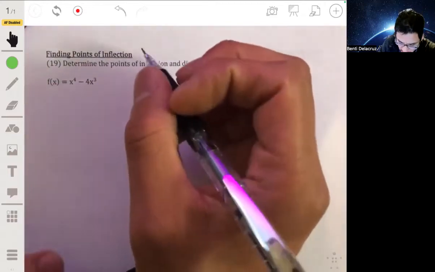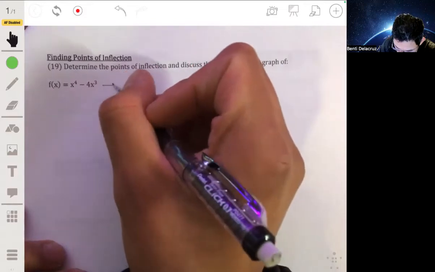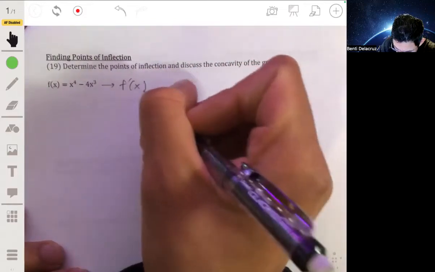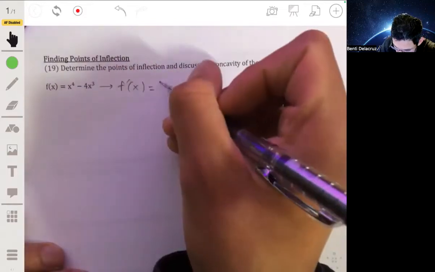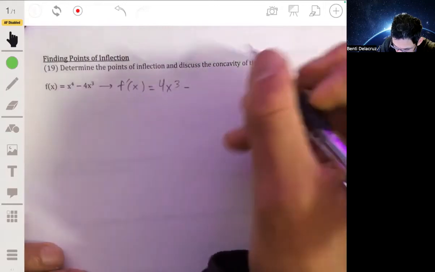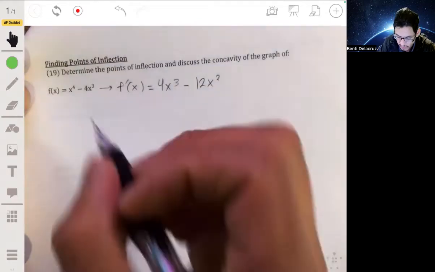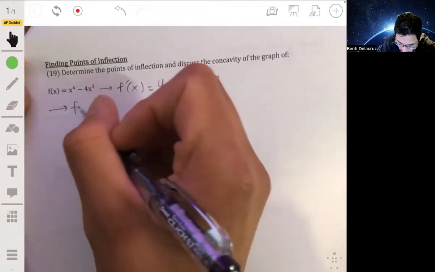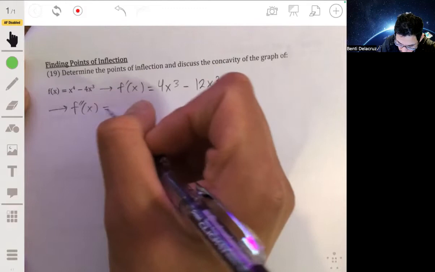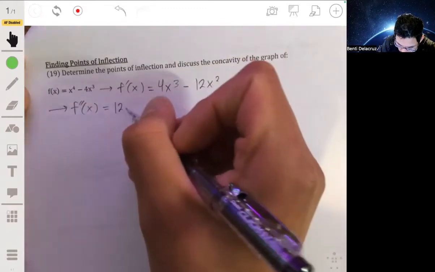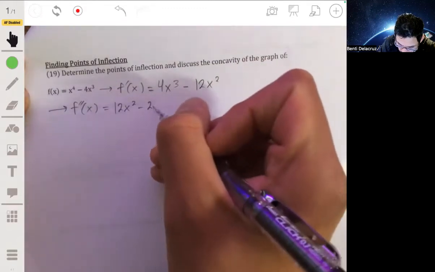So first, let's take the second derivative. The first derivative, our rule will be 4x cubed minus 12x squared. Taking the derivative again, we'll get the second derivative to be 12x squared minus 24x.